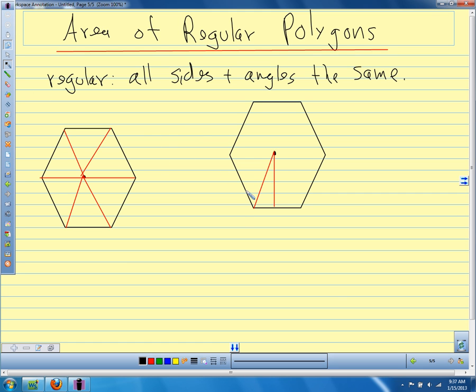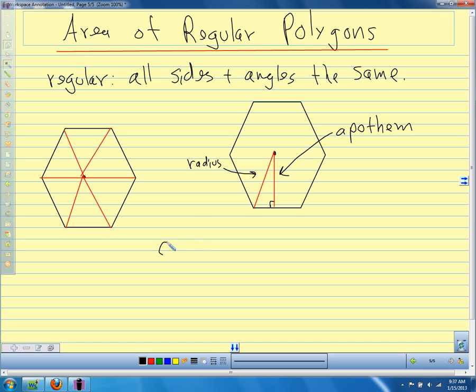This piece that goes from the center at a 90-degree angle to the middle of an opposite side is called the apothem. This part that goes from the center to a vertex is called the radius.